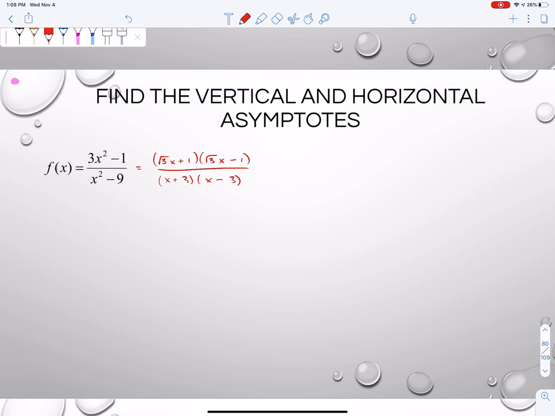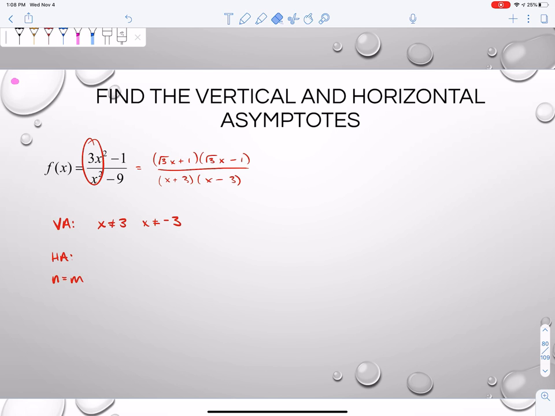We are going to have to factor the numerator later when we go to graph and completely evaluate these functions, but for the purpose of just the vertical and horizontal asymptotes, we may or may not need to do that. All right, so here my vertical asymptotes are going to come from solutions of my denominator. So x cannot equal 3 and x cannot equal negative 3. My horizontal asymptote comes from n equals m.